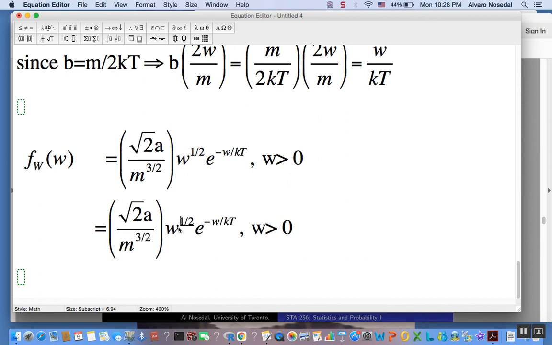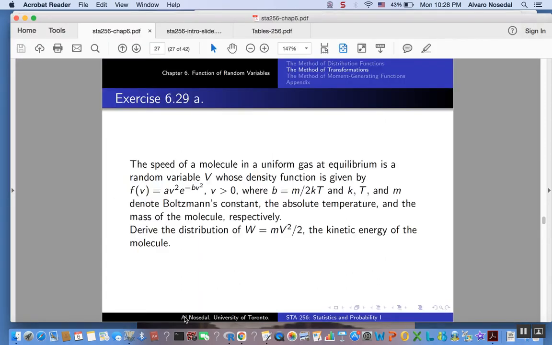One half, w to the power 1/2, is the same as w to the power 3 divided by 2, right, minus 1. Okay? So 3 divided by 2, minus 1.